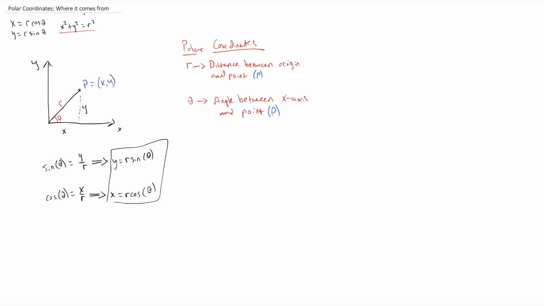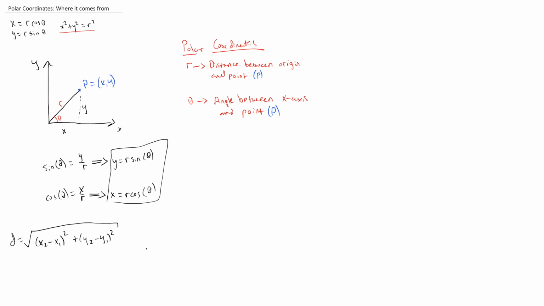Now let's focus in on this relationship here. There's two different ways you could think about this. The first way is thinking of this as the distance squared. What do I mean by that? Well, the distance between two points is given by the square root of x2 minus x1 squared plus y2 minus y1 squared.